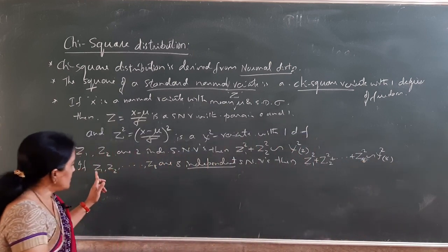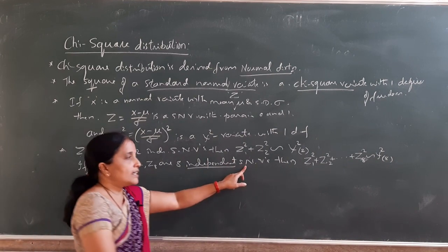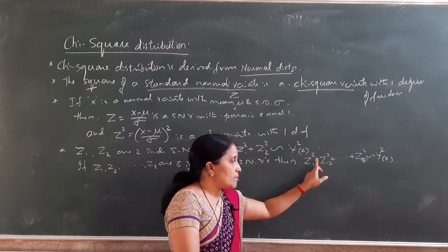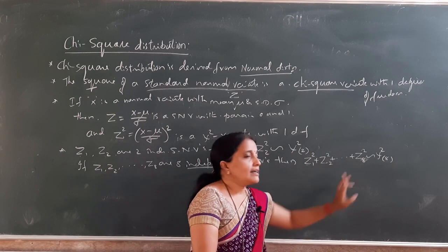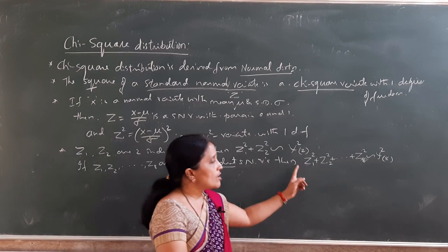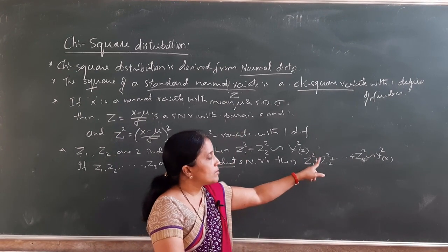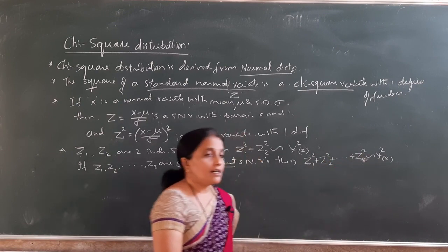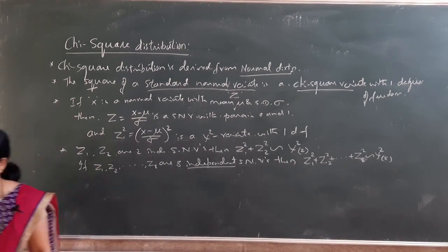Now see here, there are 8 independent standard normal variates, and we have considered the sum of the squares of these 8 variates. The distribution of this is a chi-square distribution with 8 degrees of freedom.